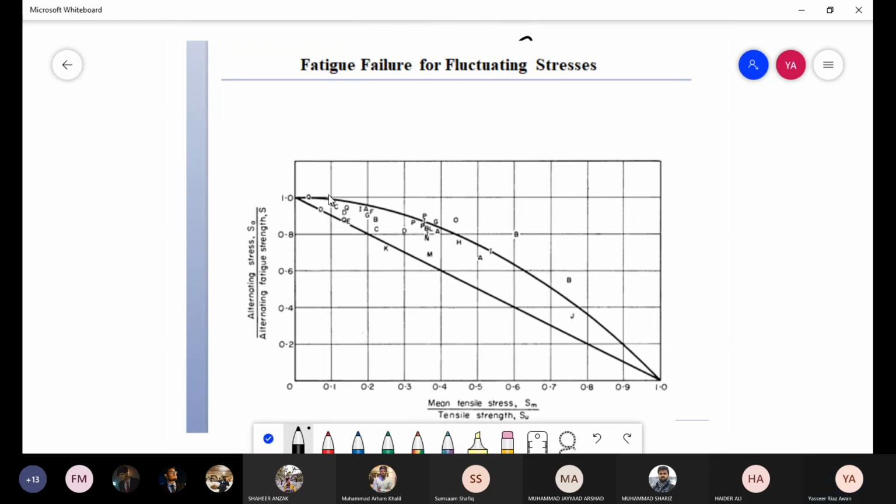But this is the line that we drew intuitively, and we can see that most of the failure points lie above that line. Some points lie below that line also, but most lie above it. So had we used that line as our design criterion, it would most probably have been on the conservative side.